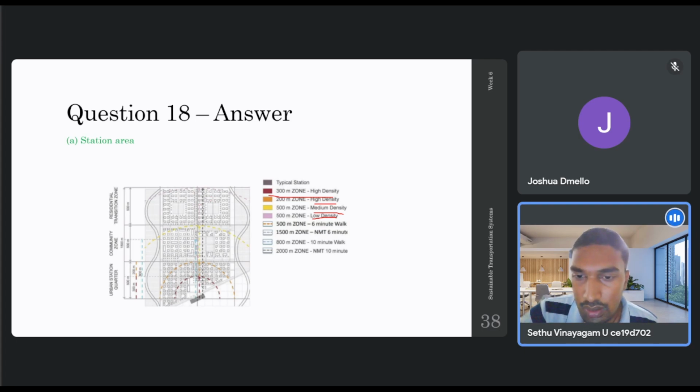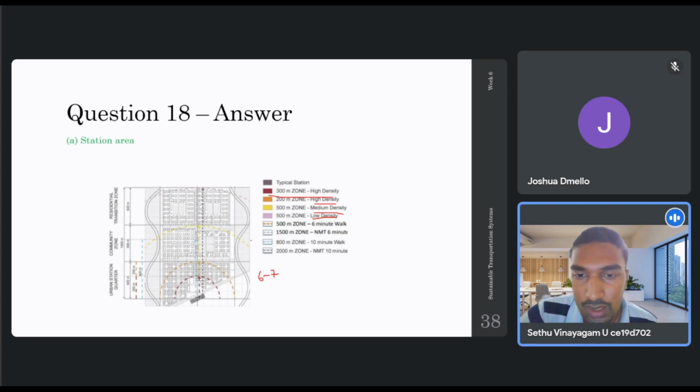So how do we achieve this high density? Within the smaller 500-meter region, if we need high density, we need a higher floor area ratio, right? When we have a higher floor area ratio in the smaller region, only then will we have high density. Typically it will be in the range of 6 to 7, which means 6 to 7 floors will generally be seen in the station area.